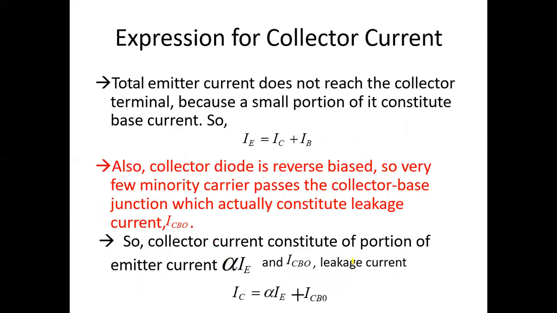For the expression for the collector current IC, we can write the equation IE is equal to IB plus IC.